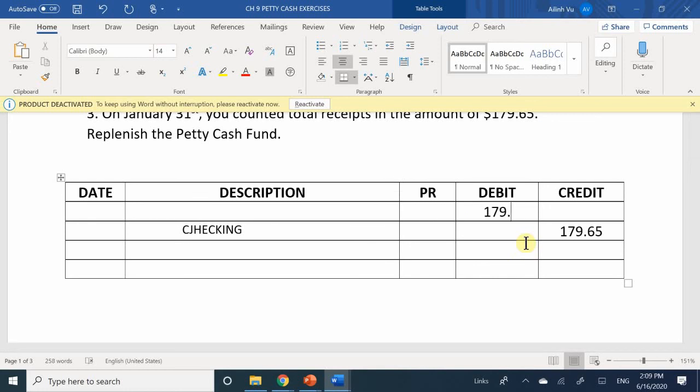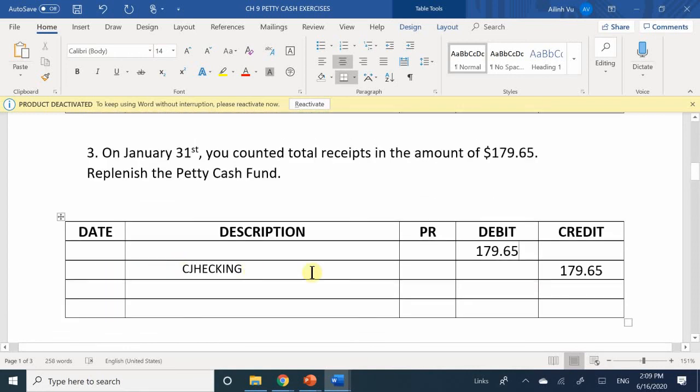We're not increasing our petty cash fund. What are we doing? Replenish. Okay. Now, how do you do that? We write a check. Good. Or cash. Either one. And then how are we going to do this?